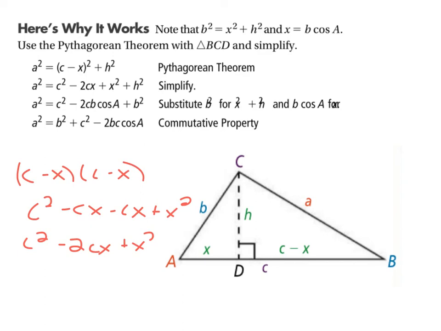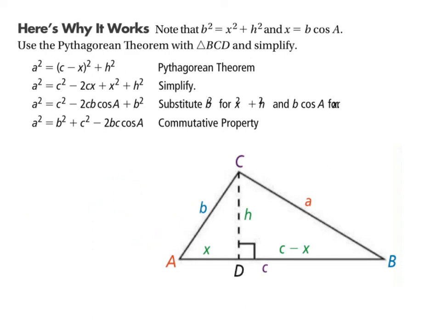And that's what they did on this step. They just expanded this into c squared minus 2cx plus x squared, which I just got down here, and then still plus h squared here. Okay, so they just expanded that c minus x squared, and they figured out what that was equal to. So that's what this line is.